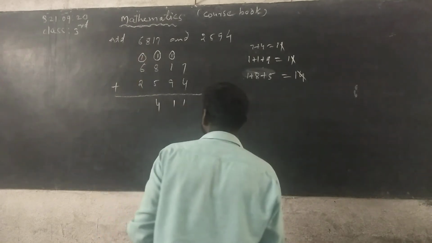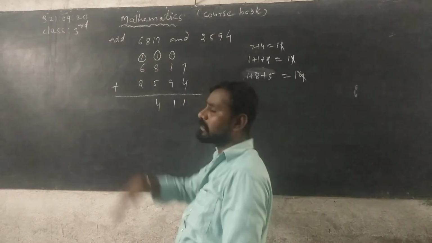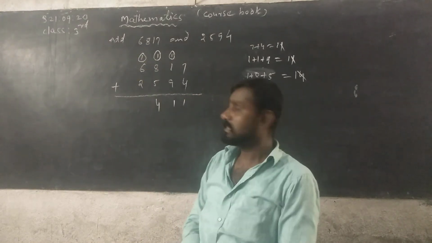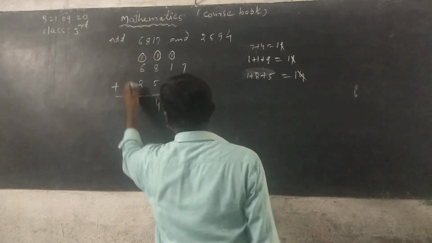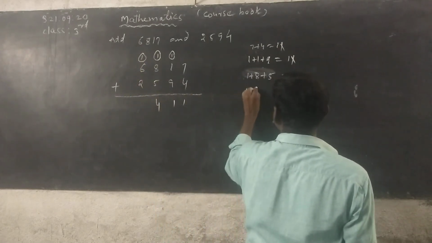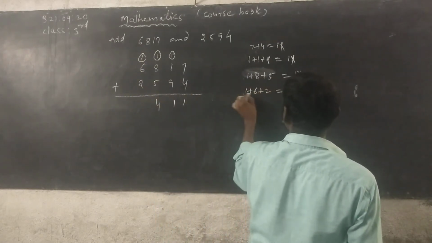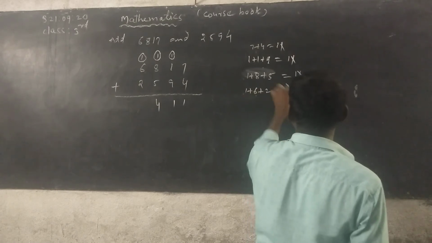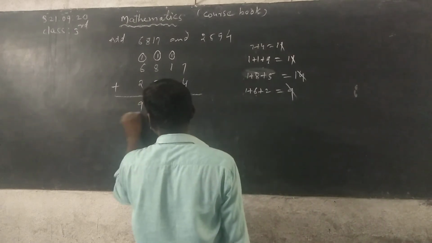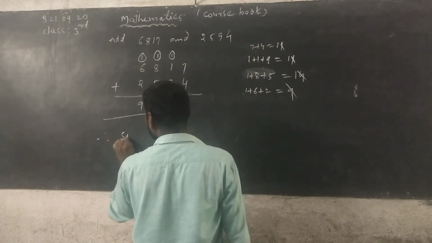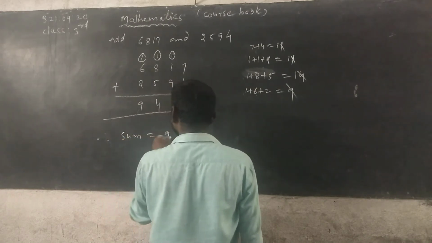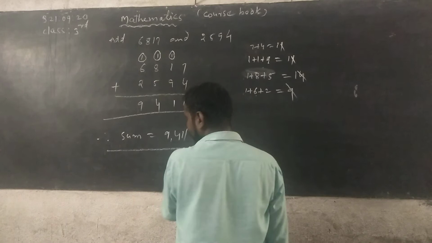Then you add the digits in the thousands place. See here, 1 plus 6 plus 2. 1 plus 6, 7, 7 plus 2, 9. This is the last, you can write directly. Therefore, the sum is equal to 9,411.